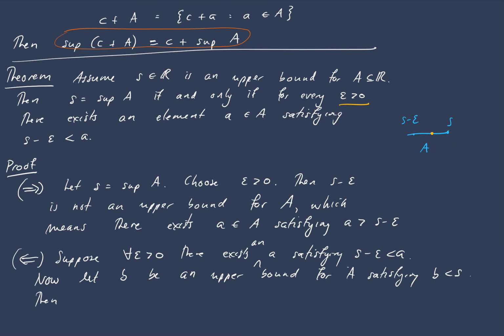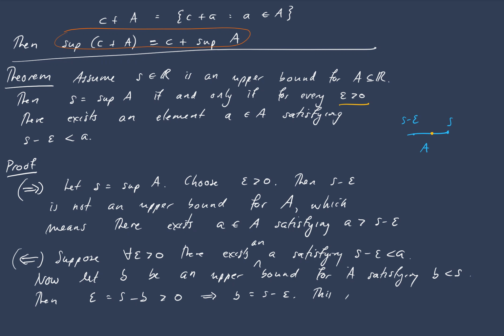Then, if we choose for our value of epsilon, that epsilon be equal to S minus B, which is positive, which implies that B is equal to S minus epsilon.